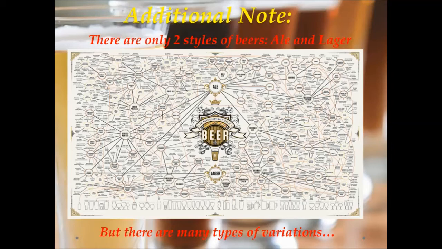And as you can see displayed here, there are so many different things that come out. India Pale Ale comes out of your ale area. You have some of your lagers down on the bottom that come out of the lager one, including Pilsners. It's just a matter of all these different variations depending on how you've created that beer, but essentially it's going to be one of the two choices.